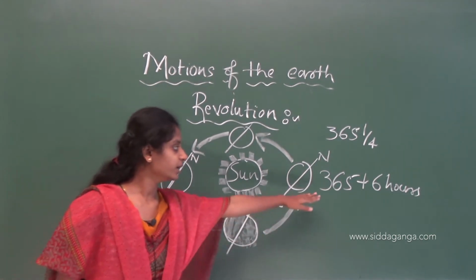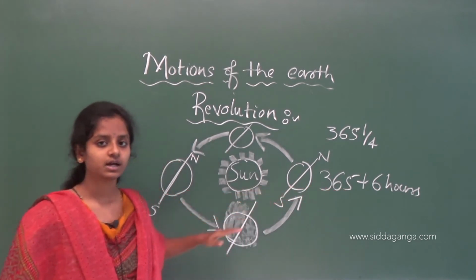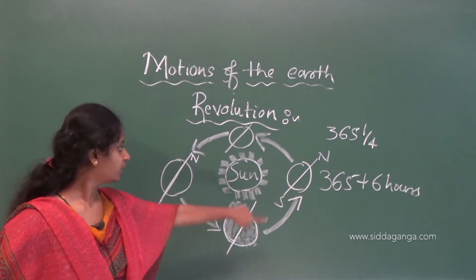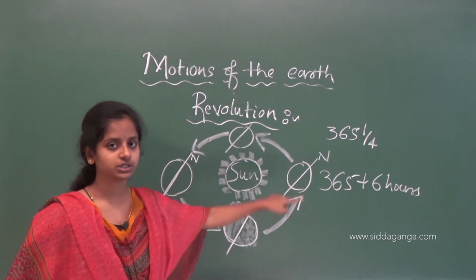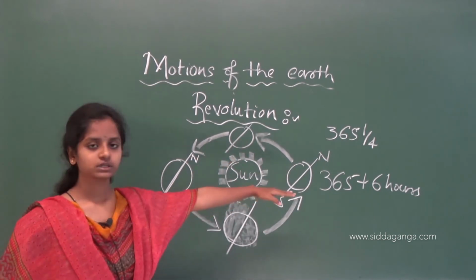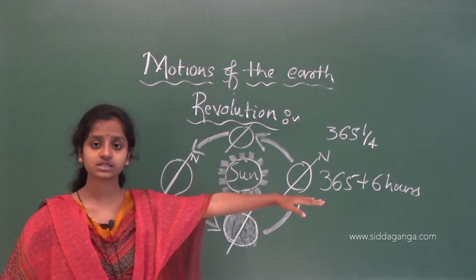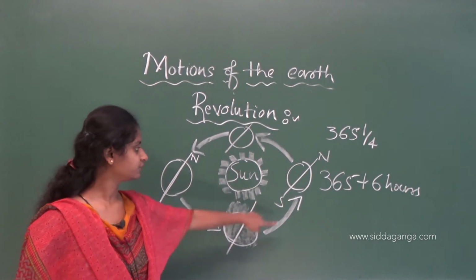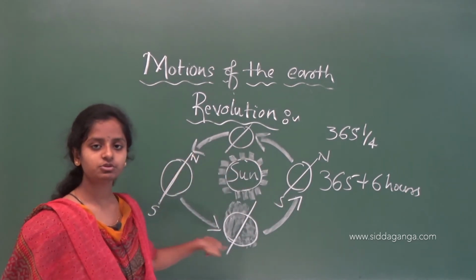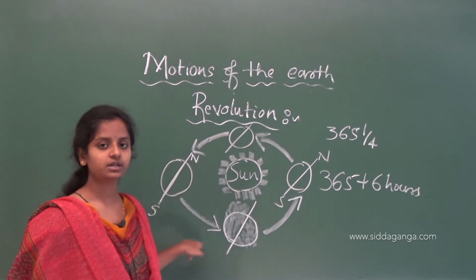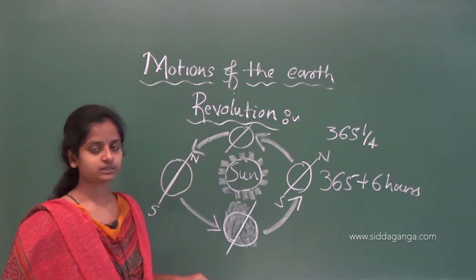So for 1 year and 6 hours our earth will complete 1 revolution. Okay, for 365 days and 6 hours our earth will complete 1 revolution around the sun in a fixed path.